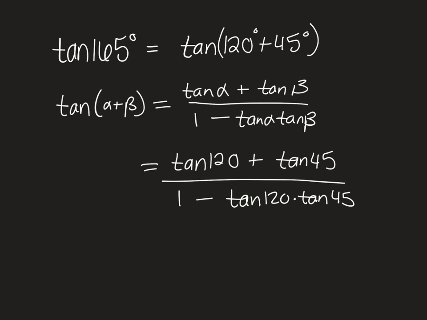The tangent at 120 is negative square root of 3. And then tangent of 45 is 1. And we have 1 minus negative square root of 3 times 1.